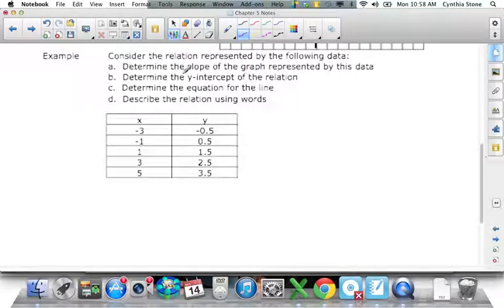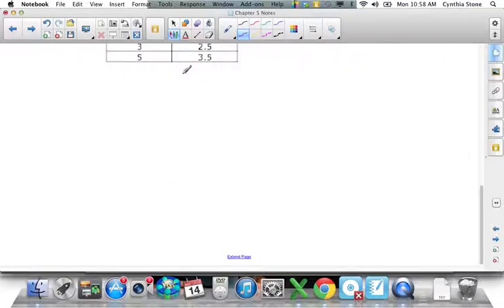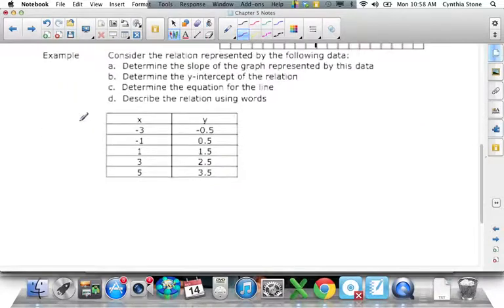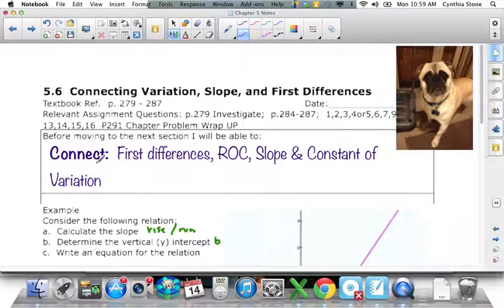Determine the slope. Well, I would love to use my first differences to find the slope. But here's an example where I can't. X is going up by 2. I cannot use first differences to find the slope. Okay?